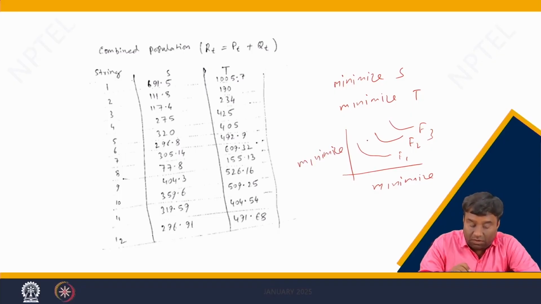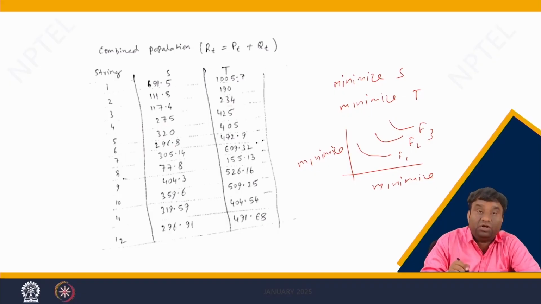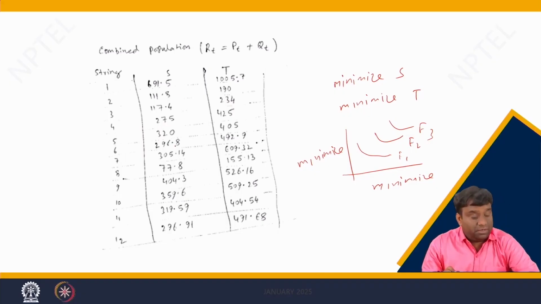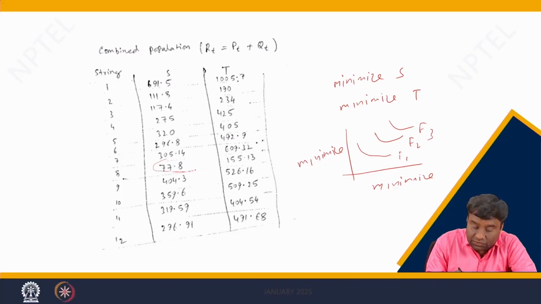At 1, the value of s is something like 691.5 and t is 1005.7. At 2, the value is 111.8 and t is 190. At 3, it is 117.4 and 234. At 4, it is 270, like that we have 12 values. Now try to understand that variable 8 is dominating everywhere.